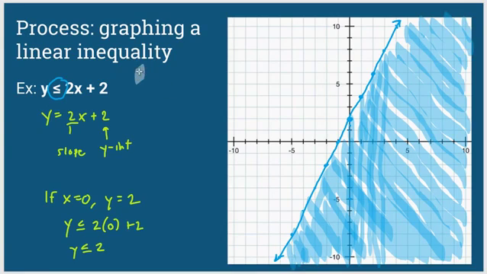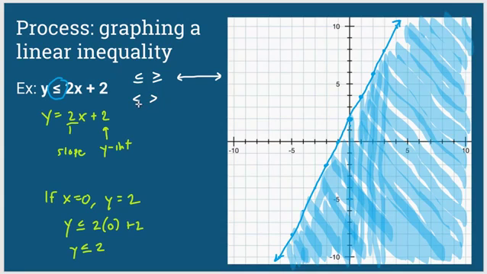That's always going to happen if we have an inequality symbol that is a less than or equal to or a greater than or equal to, we're going to have a solid line.